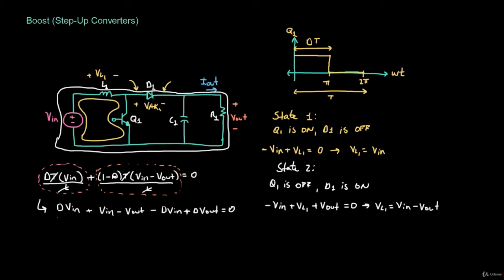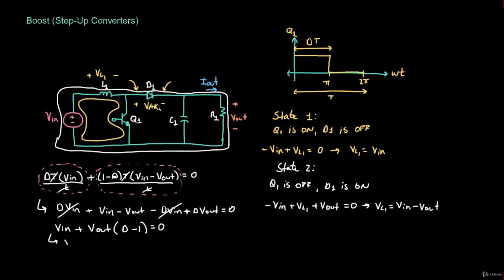We can see here that D Vin is going to cancel out with minus D Vin. And then let's factor out Vout here. So we would get Vin plus Vout times (D minus 1) is going to be equal to 0.